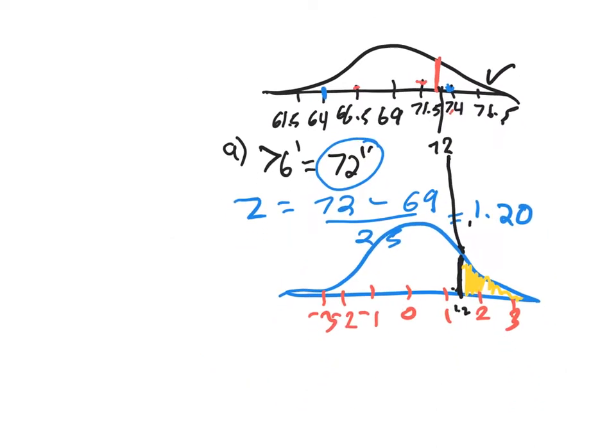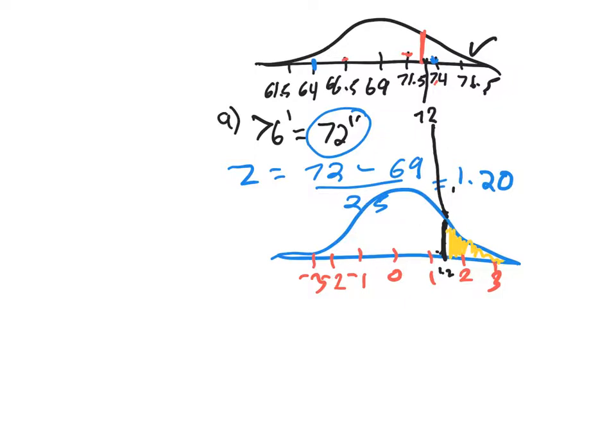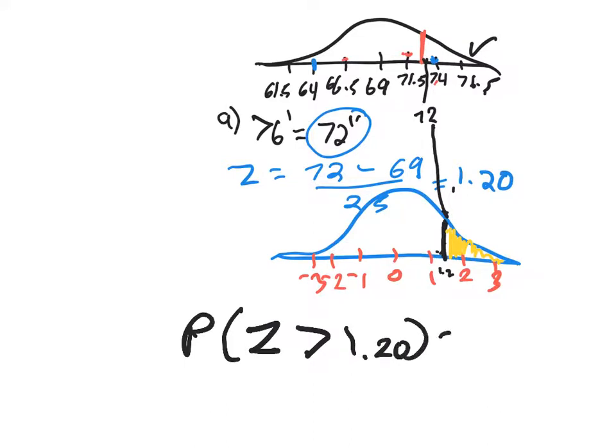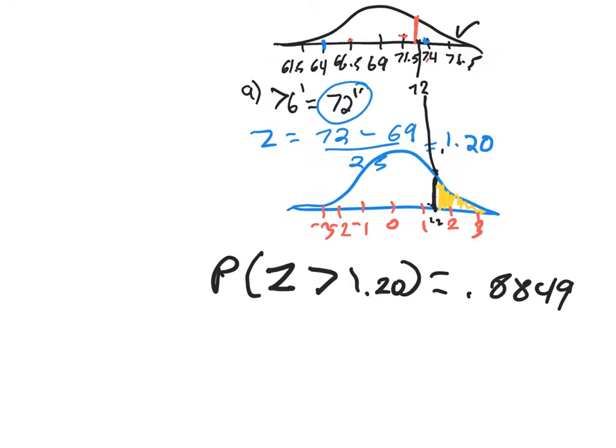I'm going to show you how we would write this up, in two different ways. The probability that Z is greater than 1.20 is 0.8849. That's how you would write it formally. You could also write it in terms of the height.